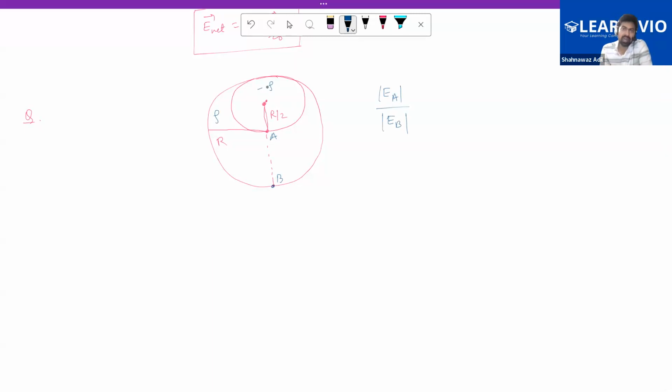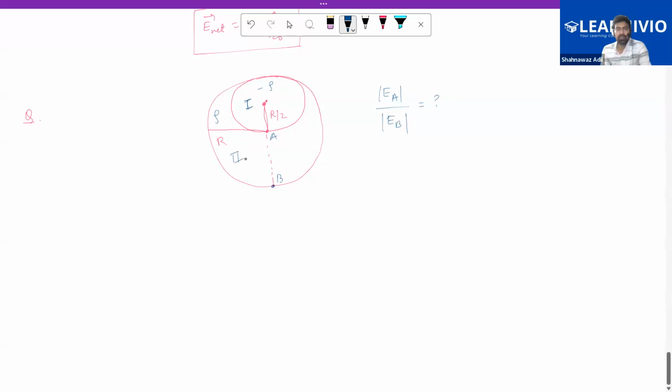So if I calculate the electric field, how many spheres are there? Yes, 2 spheres are there, right? One with the negative charge density and the other with the positive one. So this one we call the first sphere and this one the second sphere.